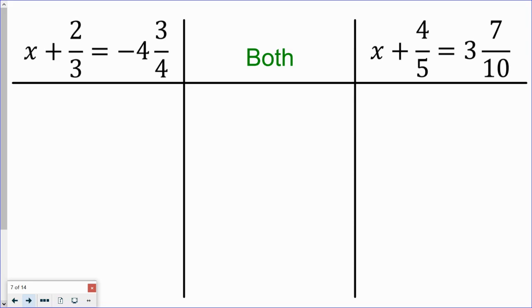Okay, something that they have in common. Well, they don't have the same terms. Okay, but they both have the variable x. They both are going to need to be solved and checked.